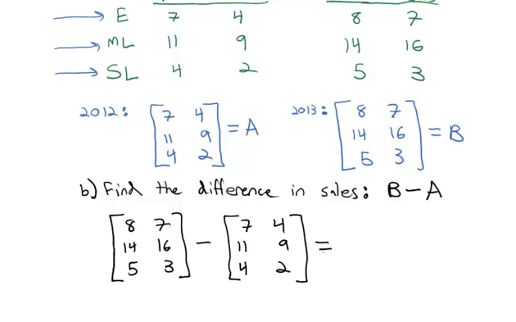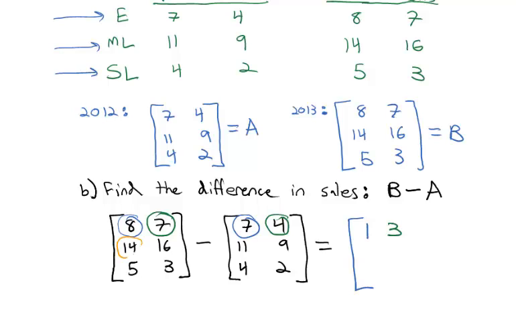We want to know the individual entries. And so it just makes sense while we're subtracting these to subtract Ephrata's iPads and Ephrata's iPads. 8 minus 7 is 1. It also makes sense just going across. We're going to subtract Ephrata's Nexus from Ephrata's Nexus. 7 minus 4 is 3.